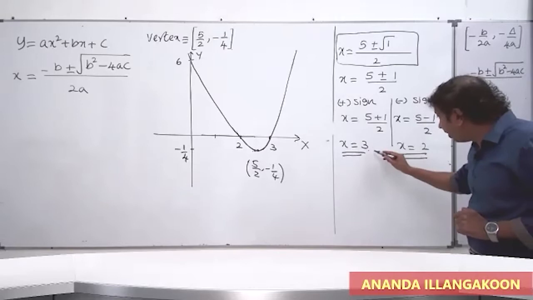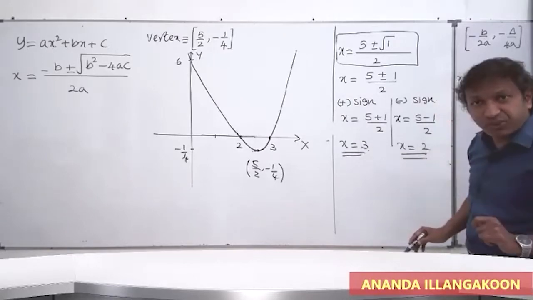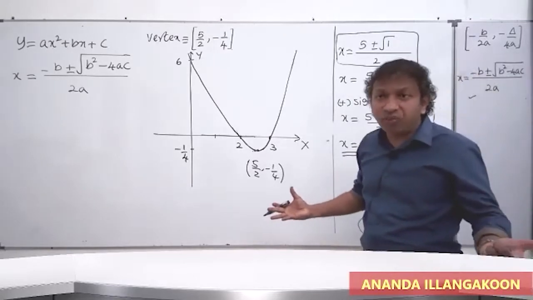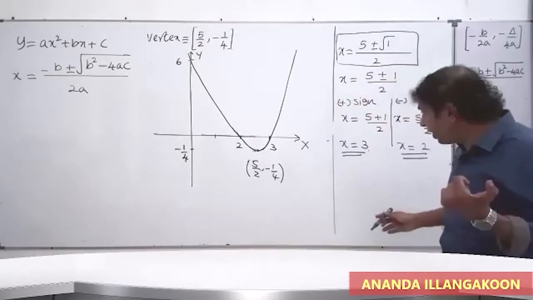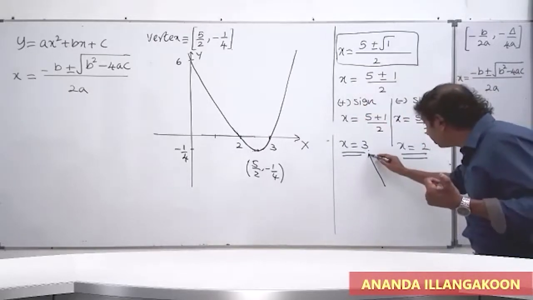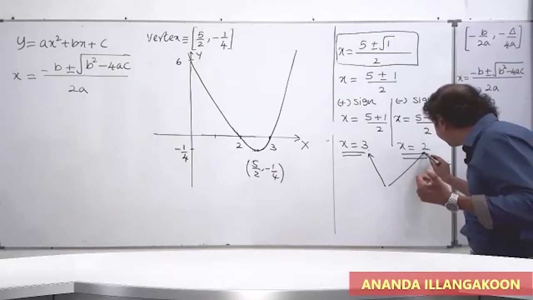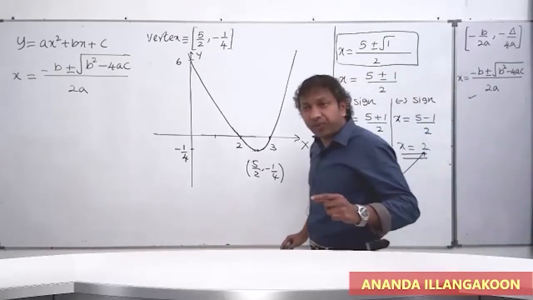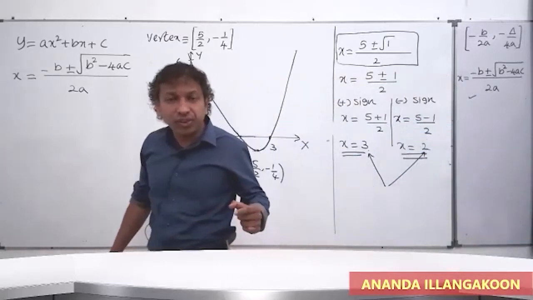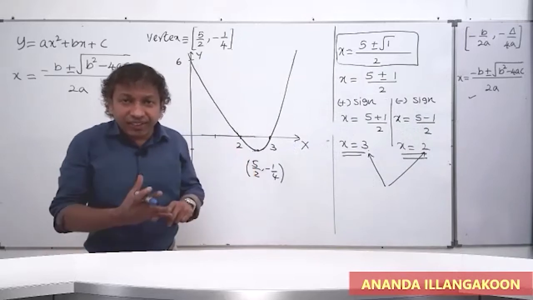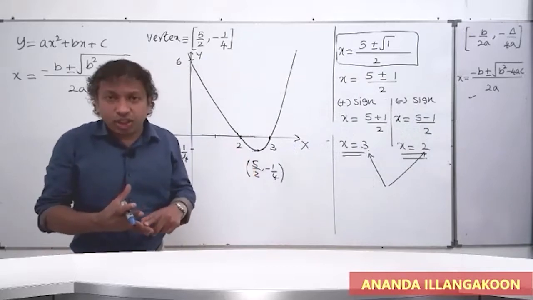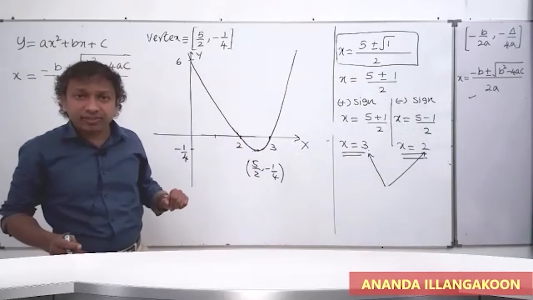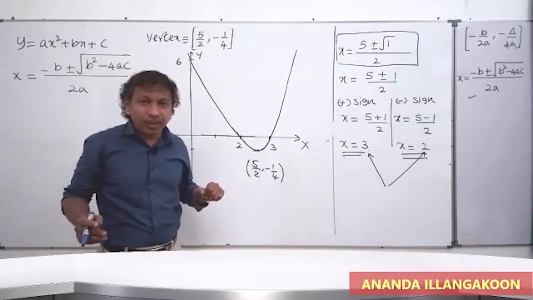You can see this 3 and 2 both are real values. Real values means real numbers. That's the obvious thing, no, people? All right. And the other thing is these two values are different. Then what kind of roots are available in this case, people, for the quadratic function? Real and distinct. Distinct means different. Real and distinct. That's well obvious, no?